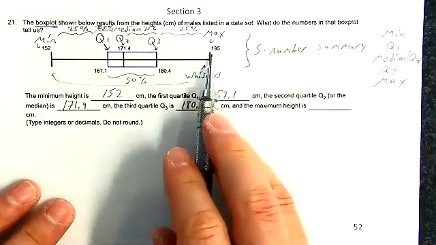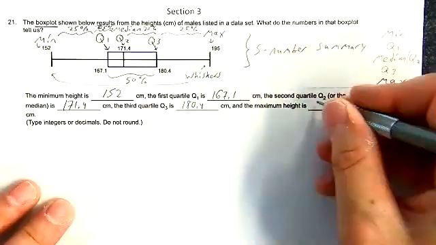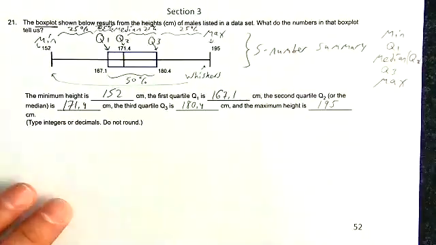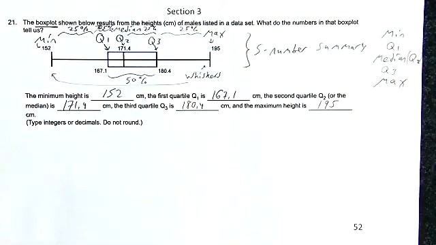And the maximum height in centimeters is 195. So if you have the plot already done for you, it's pretty simple. You just pull these values right from it. Again, that's called a box plot.